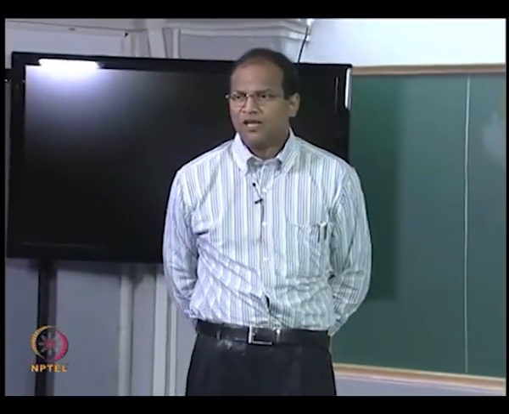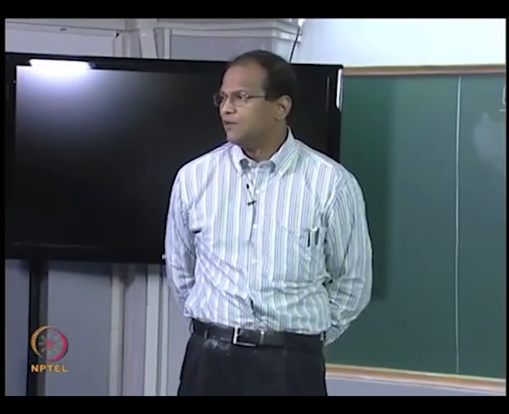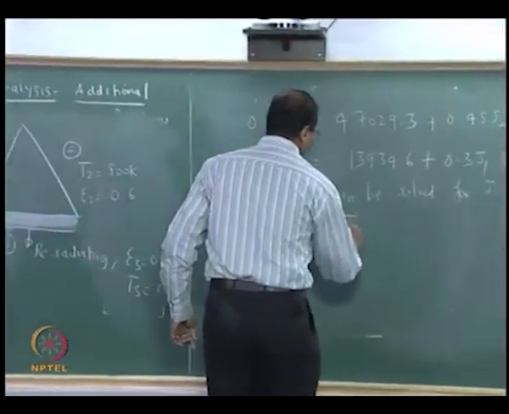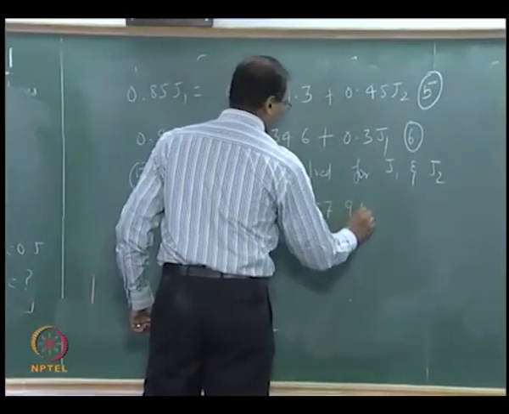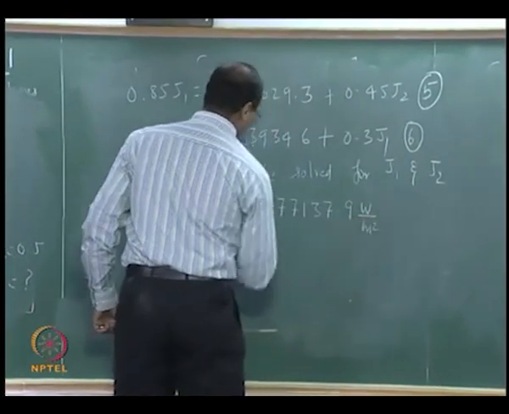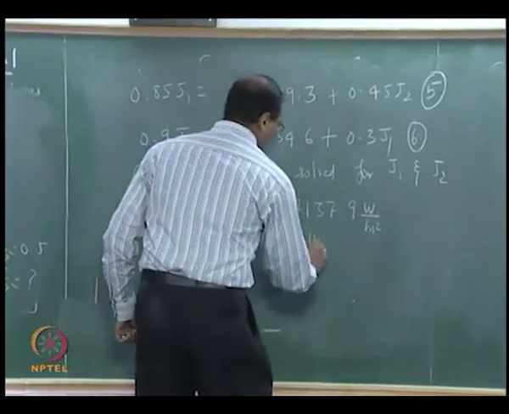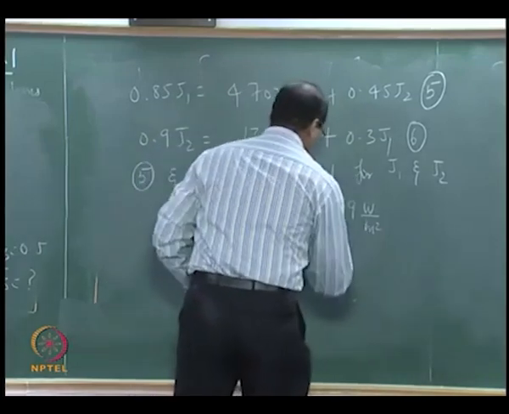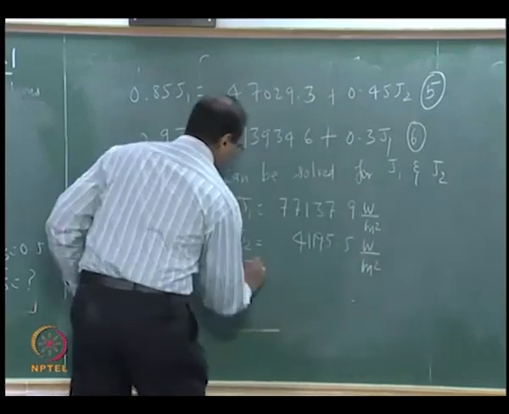People who already have the simultaneous equation solver can tell me J1 equal to 77.9, J2, J3.